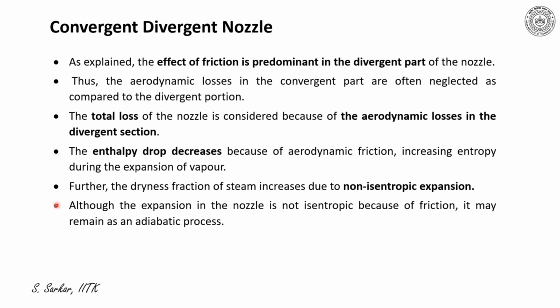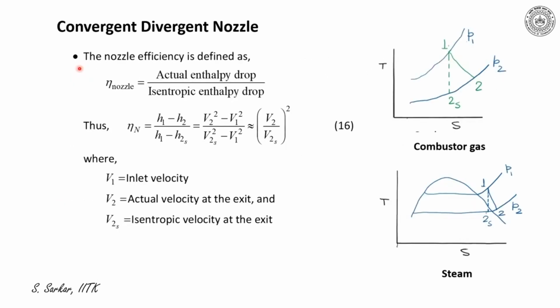It should be noted that although the expansion in a nozzle is not isentropic because of friction, it may be considered adiabatic, considering the fact that expansion is a fast process and the heat transfer from the nozzle may be neglected. Now let me define the nozzle efficiency.